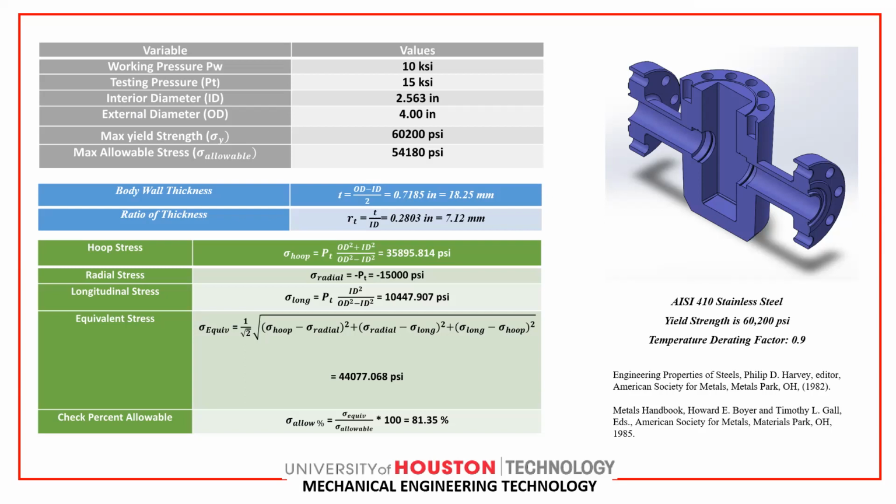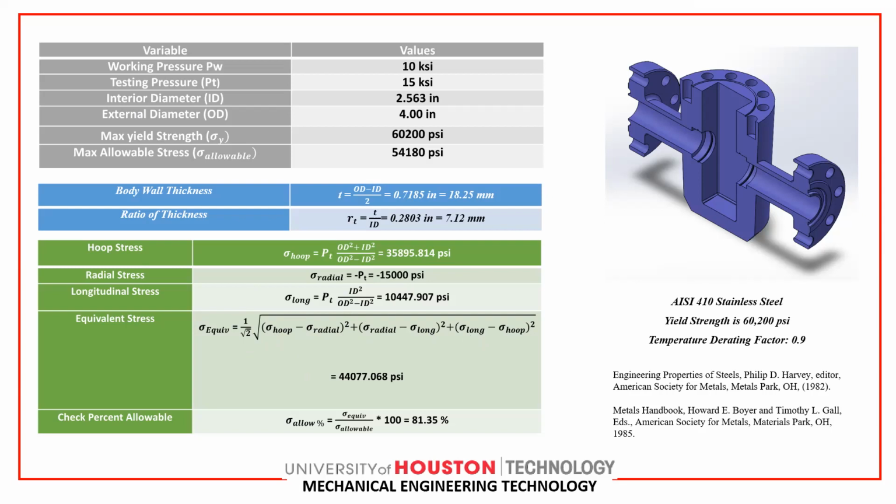The equivalent stress, based on this equation, is 1 over the square root of 2 times the square root of the hoop stress minus radial stress squared, plus radial stress minus hoop stress squared, plus longitudinal stress minus hoop stress squared, which is equal to 44,077.068 psi, which is less than the 60,200 psi.